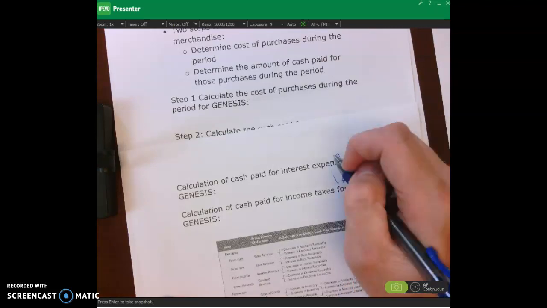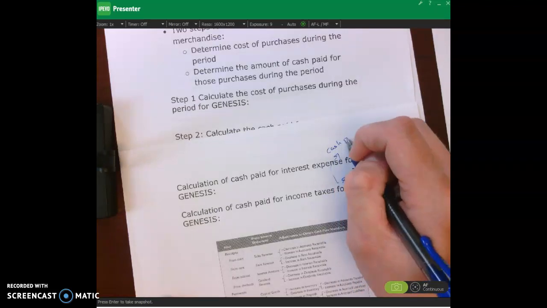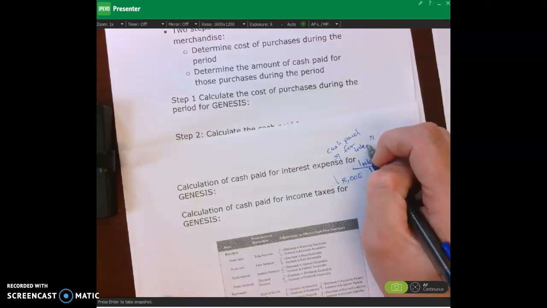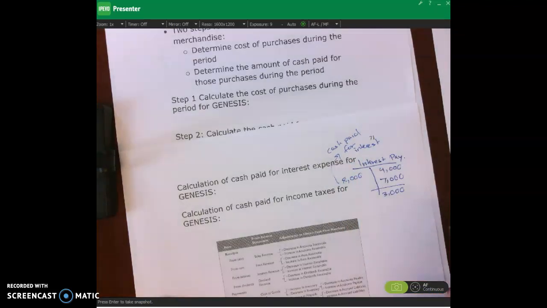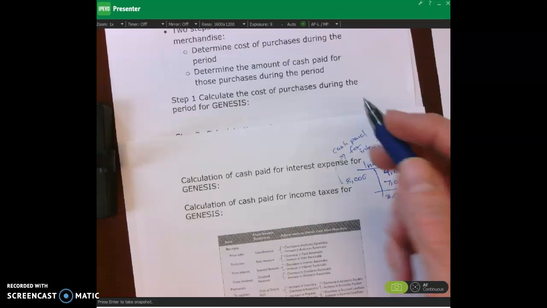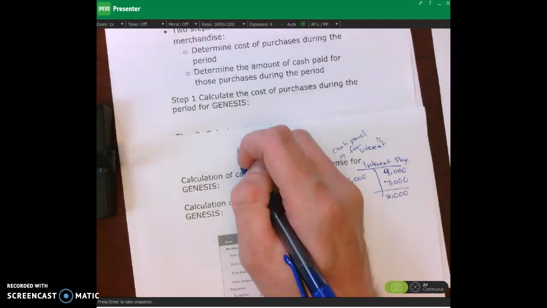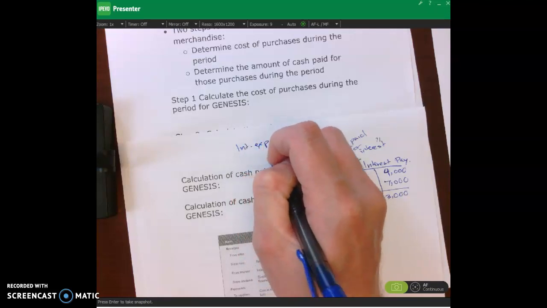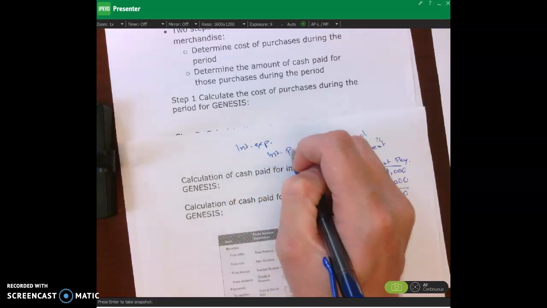This is my cash paid for interest. And then I could do something similar over here. Now, why do I put this $7,000 here? Because the journal entry to accrue interest expense is debit interest expense, credit interest payable.